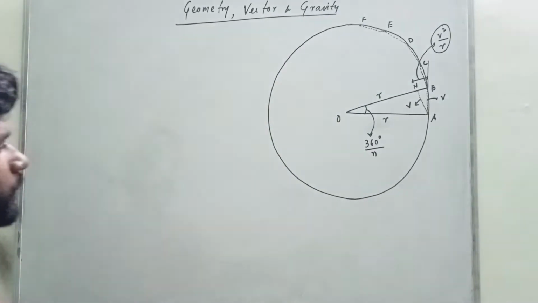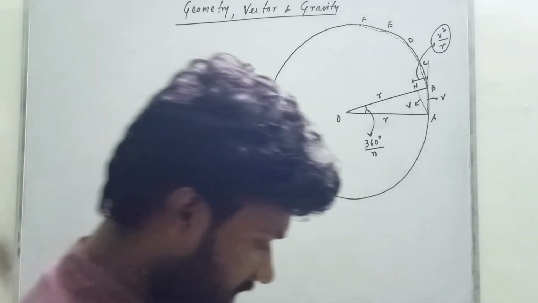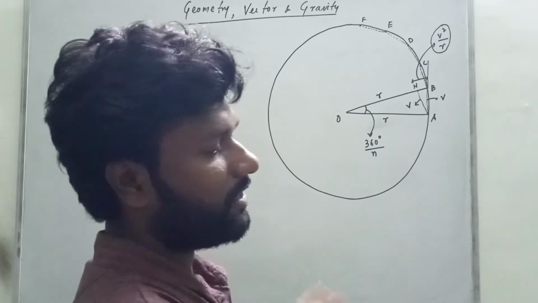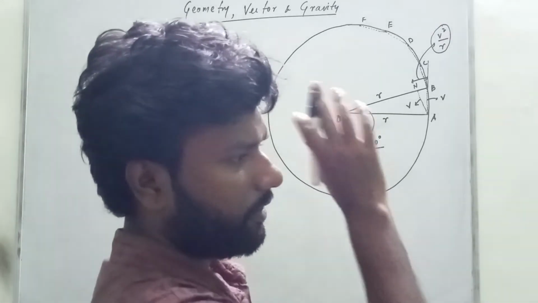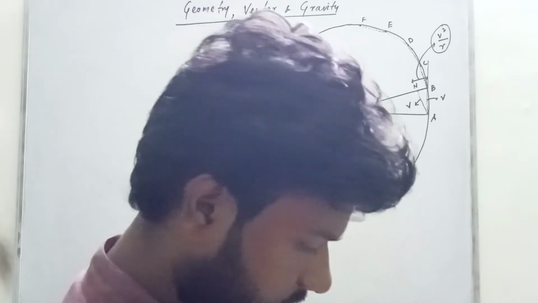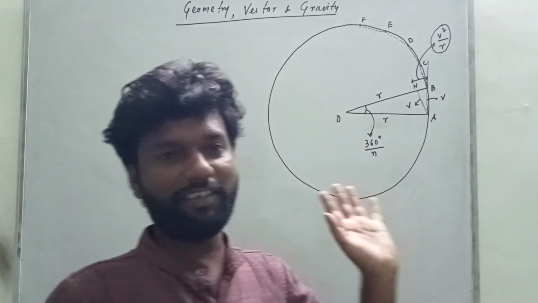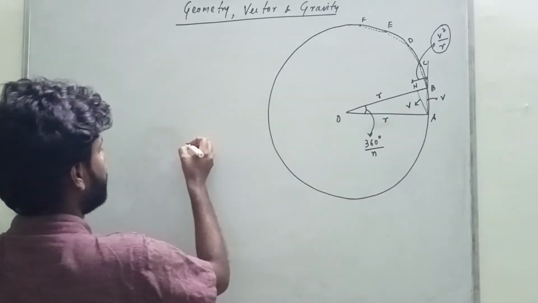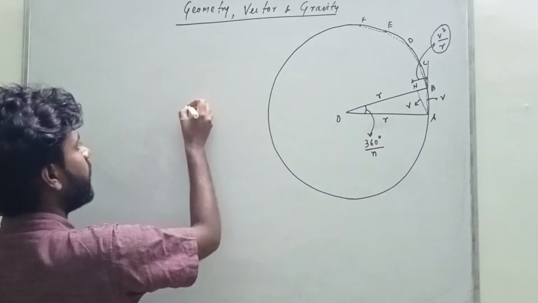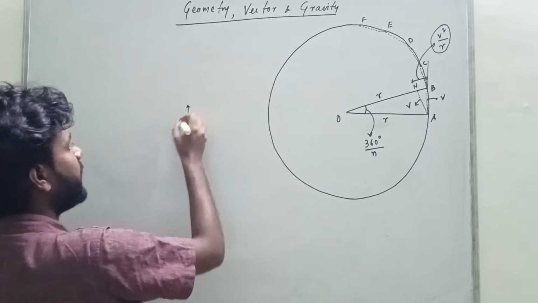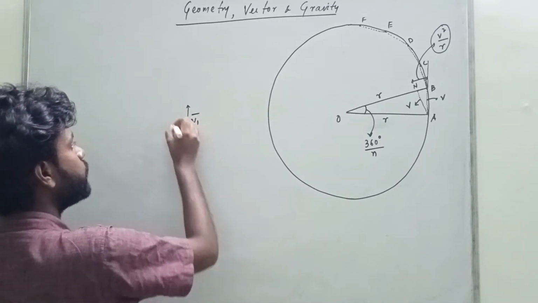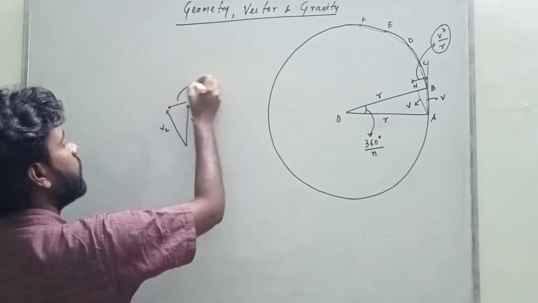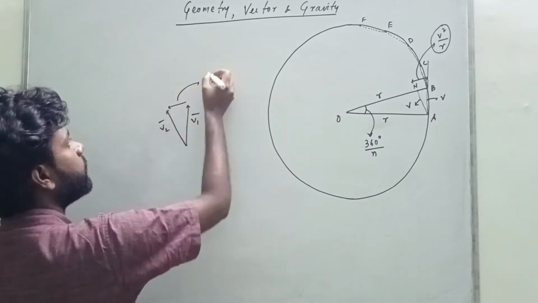Now I will introduce just a very simple thing, subtraction of two vectors. I introduced the subtraction in part 3 of our vector series. If there is a vector v1, and if there is a v2, then obviously this thing will go v2 minus v1.